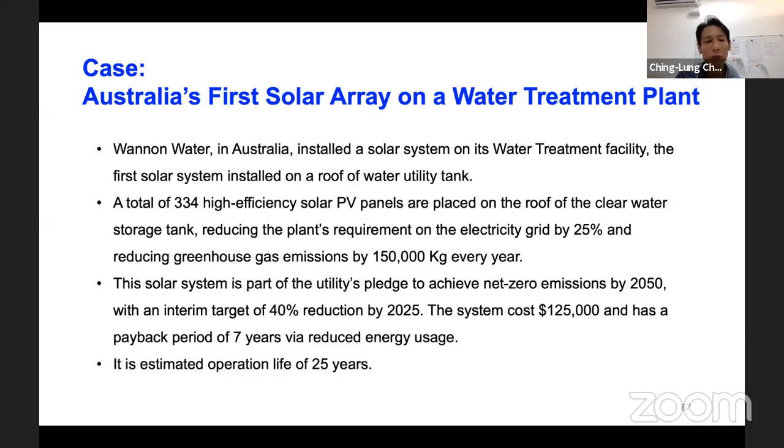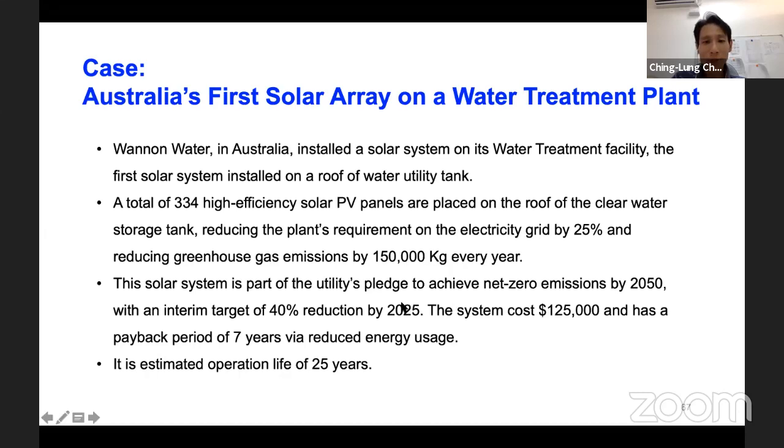That's why our government tries to encourage families or industries to have their own solar panels. If the solar panel generates enough electricity, you can sell the electricity to the electricity company.